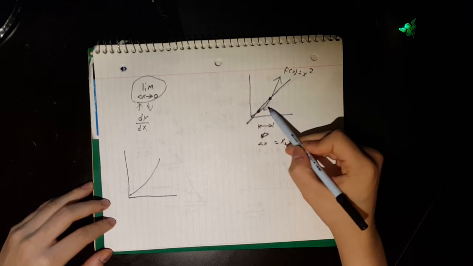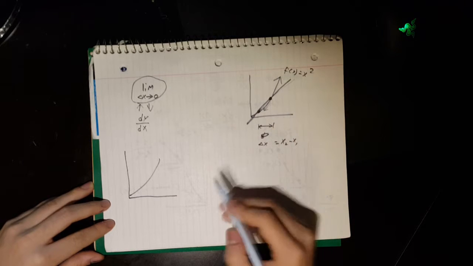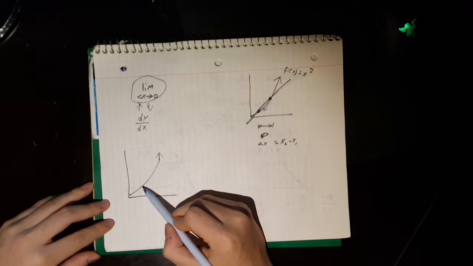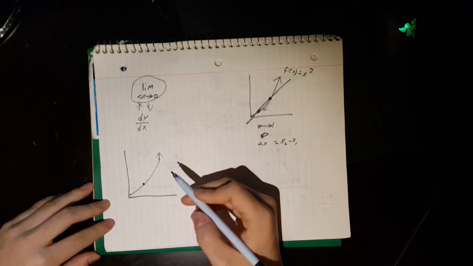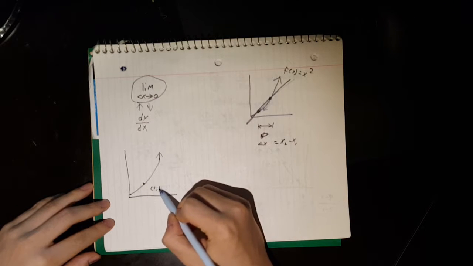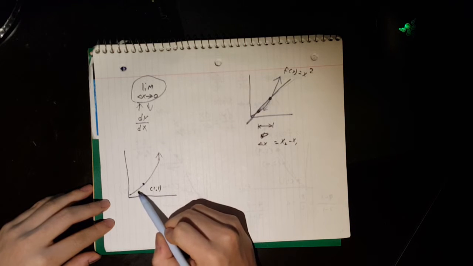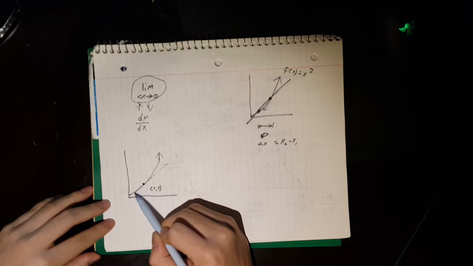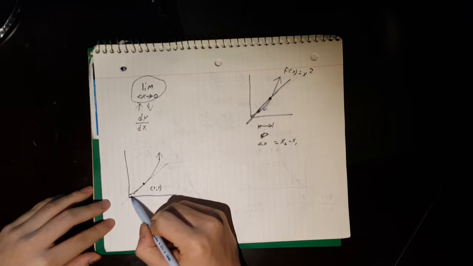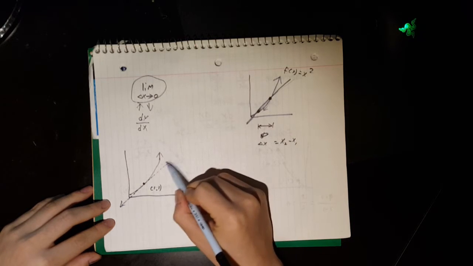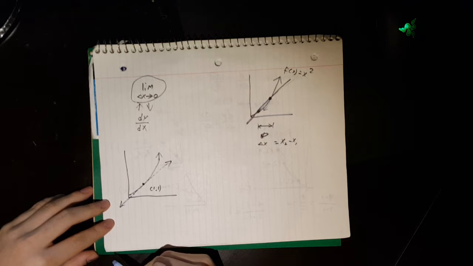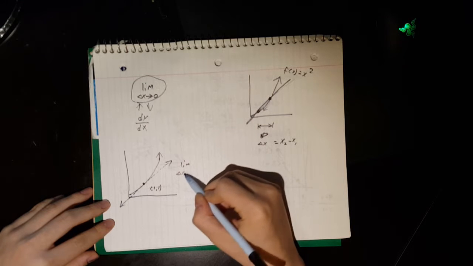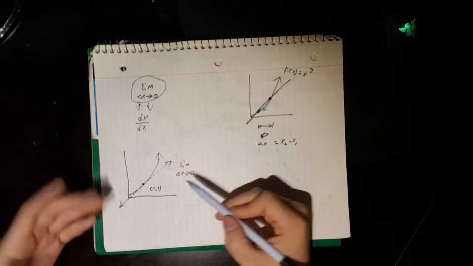Tangential meaning they're kind of skimming the surface. And so if we imagine a tangential line, let's say right here at 1, 1, it's going to be like this, right? As delta x approaches 0. That's what it's doing.